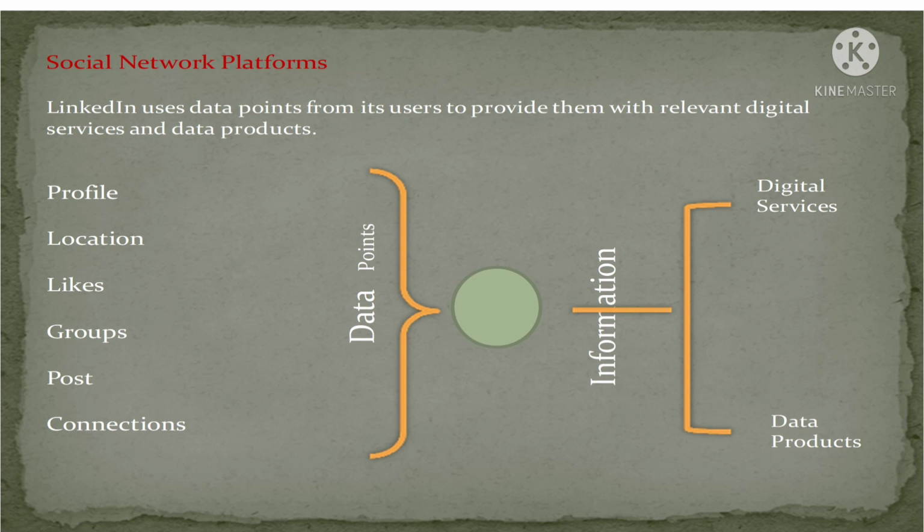These are nothing but the data points. With the help of the data points we collect the data, and the data is stored on the database server, and then we process and analyze the data, and then we extract the information on the basis of the digital services and the data products.